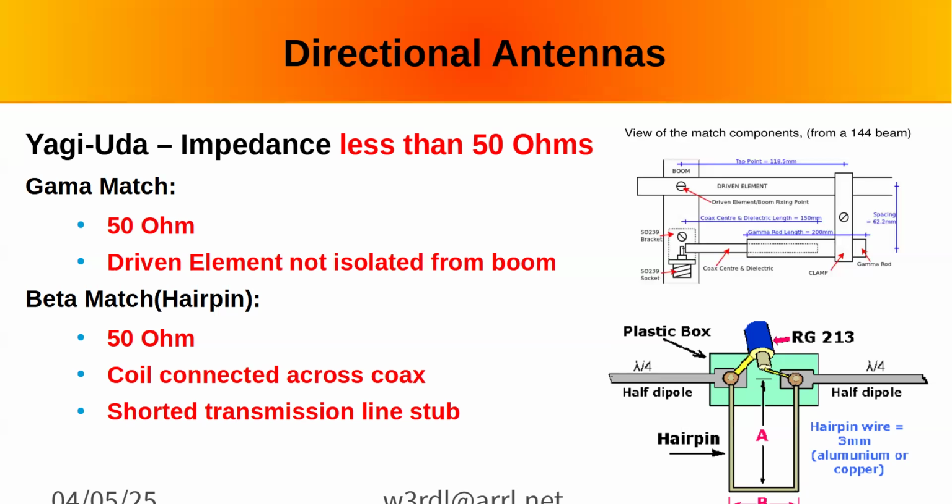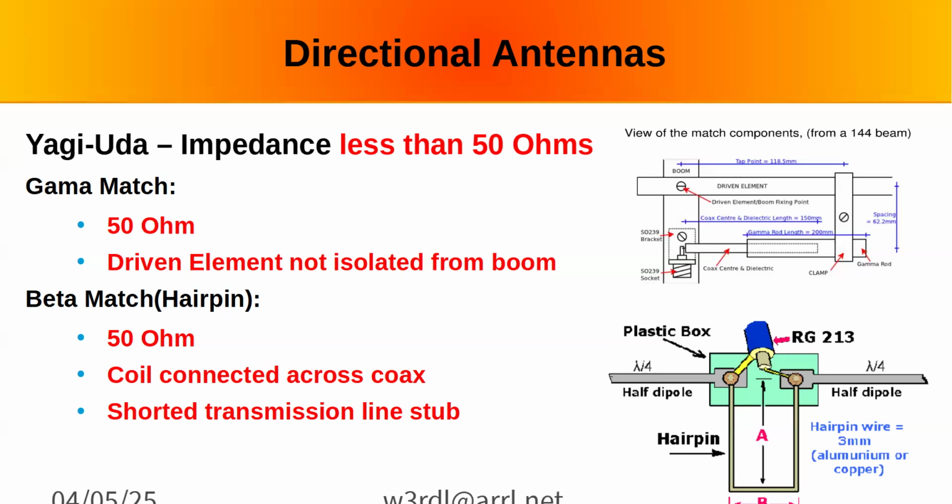The other way of doing it is with a beta match or a hairpin match, where you're actually using a transmission line stub or a piece of bent wire like they're showing there, which is why they call it a hairpin. And the spacing and the length of it has to be determined.